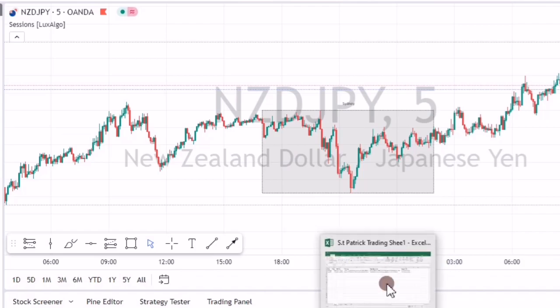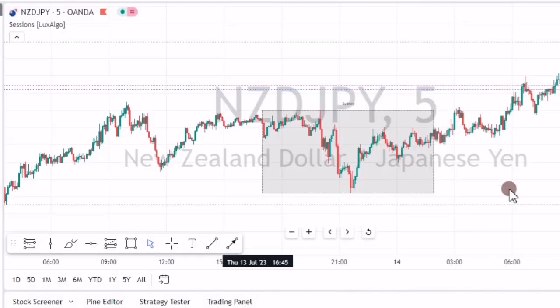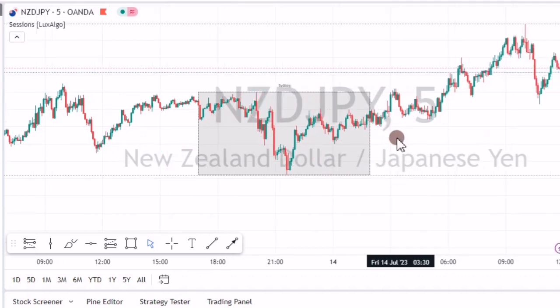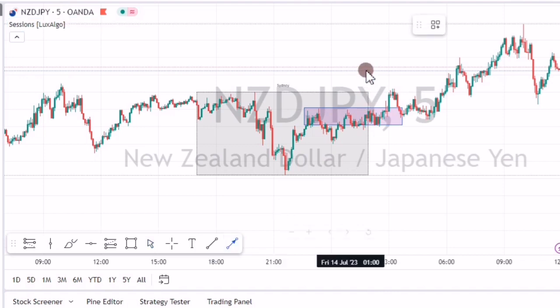Then I check again on the script just to remind myself of the strategy. Breakout of key level around last candle of Sydney. So I remember that my focus is on the key level around the last candle of Sydney. This is the last candle of Sydney. I look at the key level around that, and the first breakout was on the upper side. If the breakout is on the upper side, I buy.